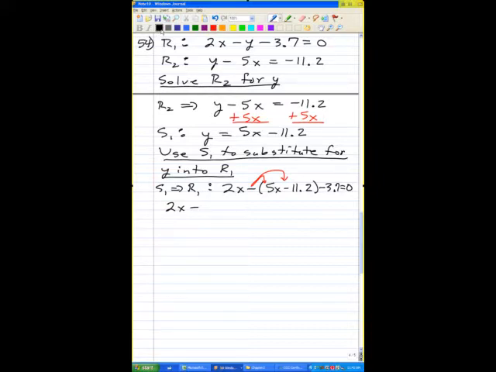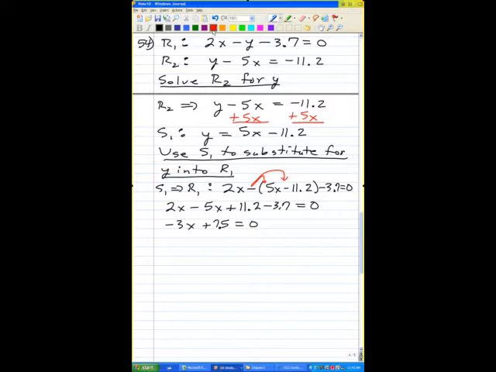And so all the signs inside the parentheses will change. So it'll be 2x minus 5x plus 11.2 minus 3.7 equals 0. 2x minus 5x is negative 3x. 11.2 minus 3.7 is 7.5.